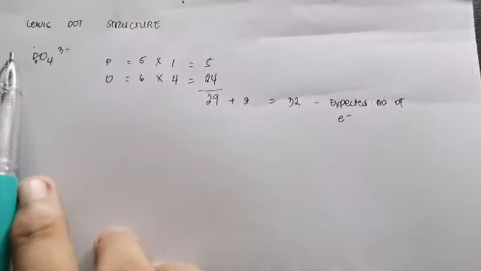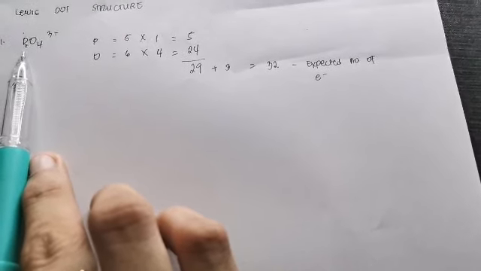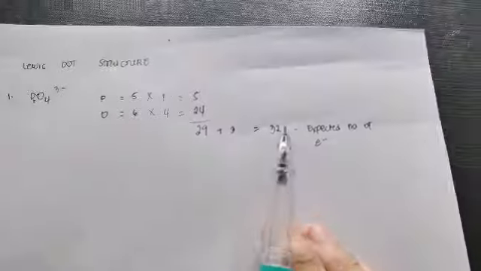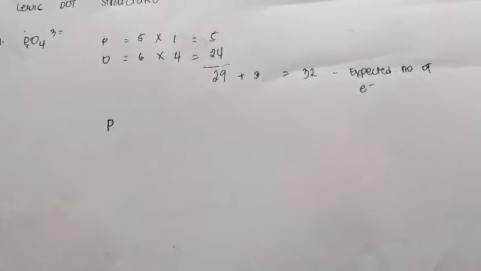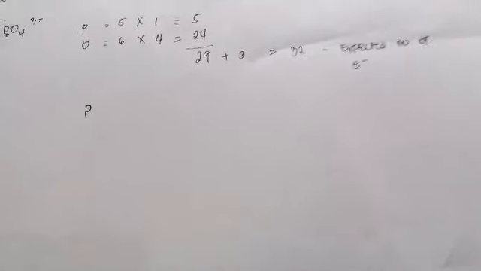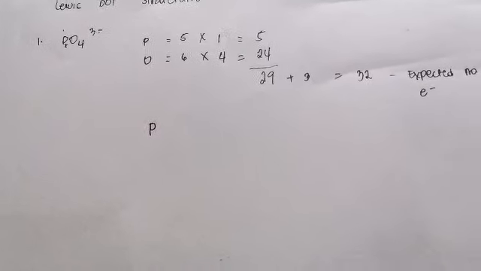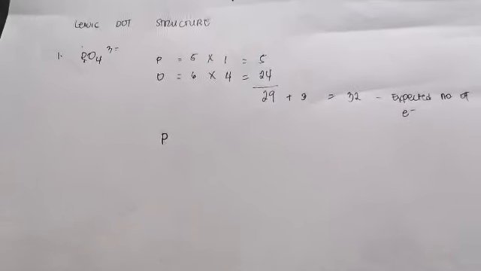So here, as you can see, you have phosphorus only one, and oxygen has 4 atoms. So you can see that phosphorus will be the first element to be written. So as you can see here, the phosphorus will be the first element that we place.